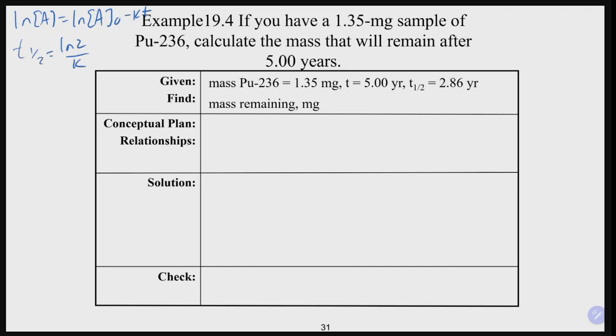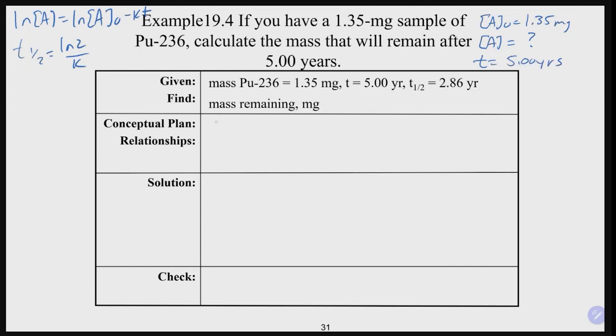If we label what we have here, we have an initial concentration of 1.35 milligrams. We want to know how much will remain at the end, so that's the final concentration, which you don't know, after a time of 5 years.